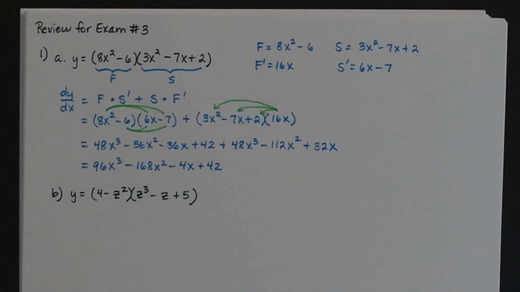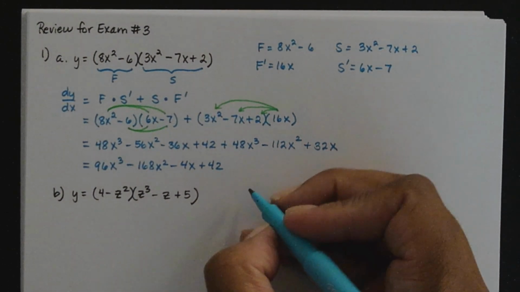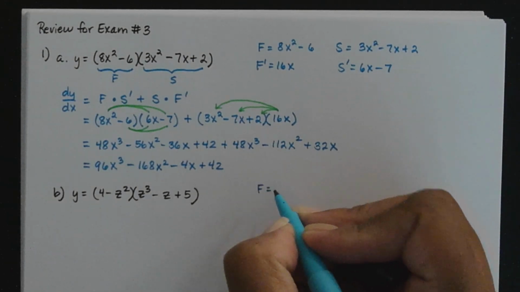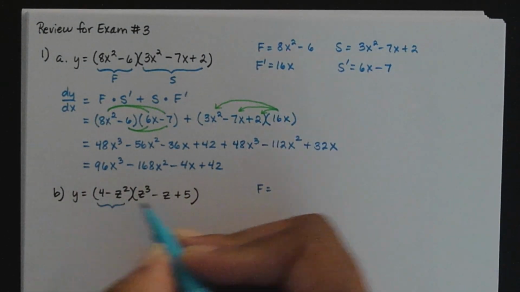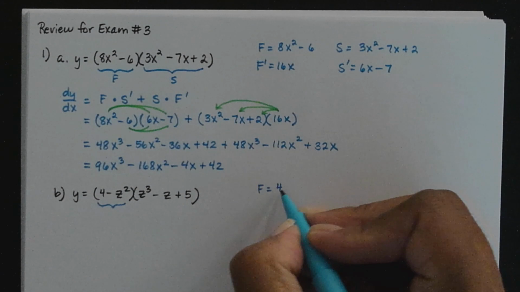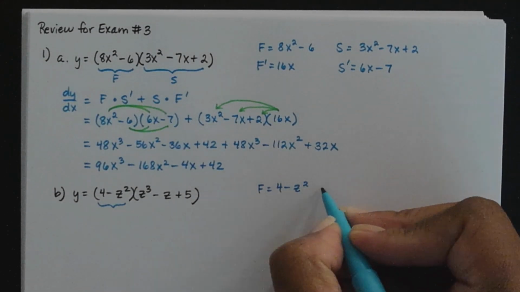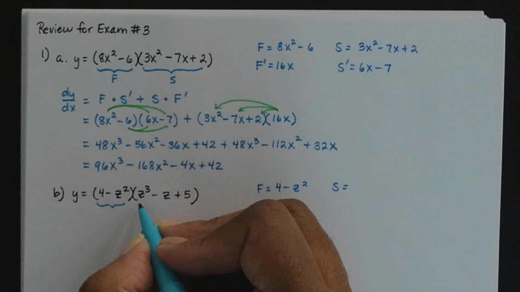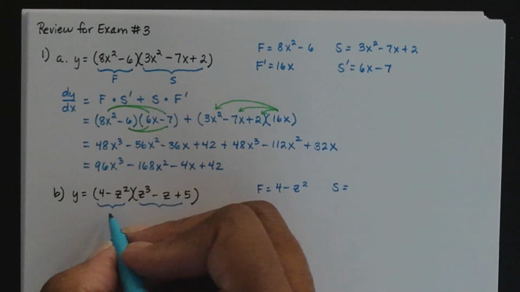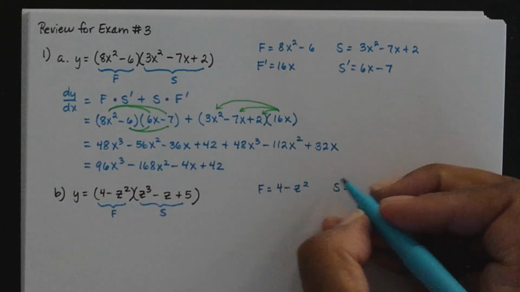And here I want to find its derivative of that function. Well, again, this 4 minus z squared will be the first. That would mean the second will have to be that z cubed minus z plus 5.